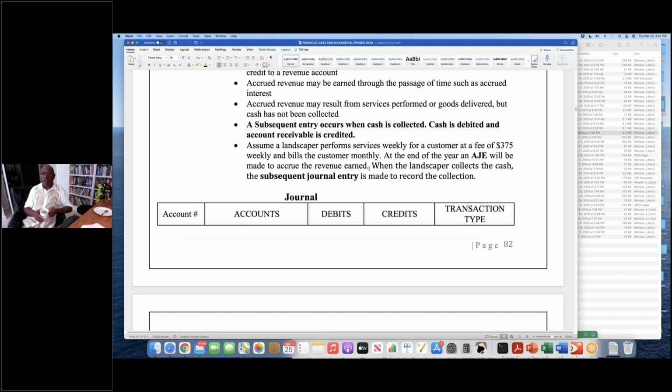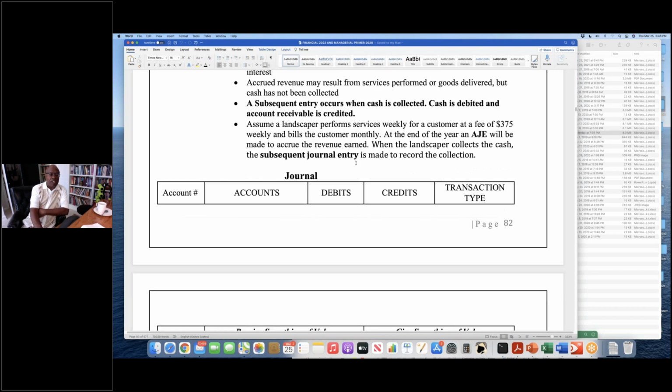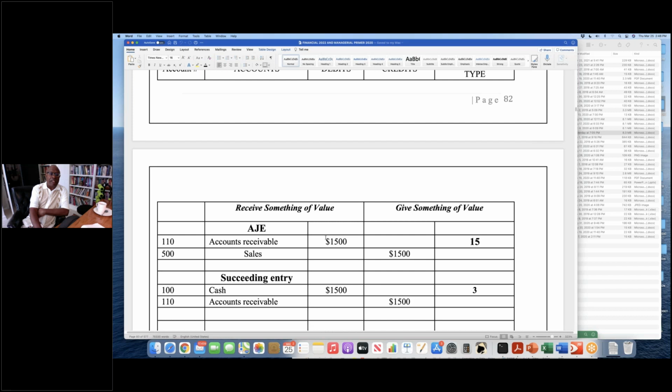You got a big yard, you got shrubbery and all of that. Then at the end of the month, the landscaper is going to make the entry, which is an adjusting entry: debit accounts receivable, credit sales. Have y'all seen that entry before? Yes.